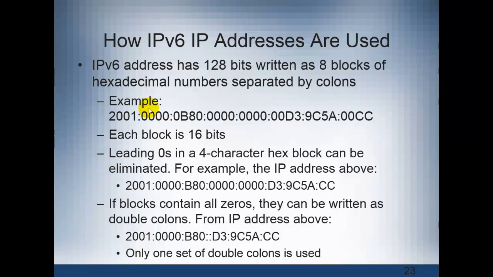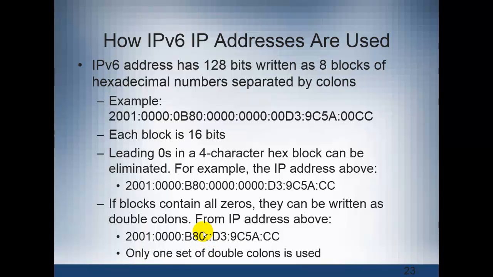But we also have blocks that are all zeros. If we have those, we can eliminate them by placing a double colon. You see down at the bottom here, if we have repeating blocks of zeros, we have 2 here, so we can replace those with a double colon.